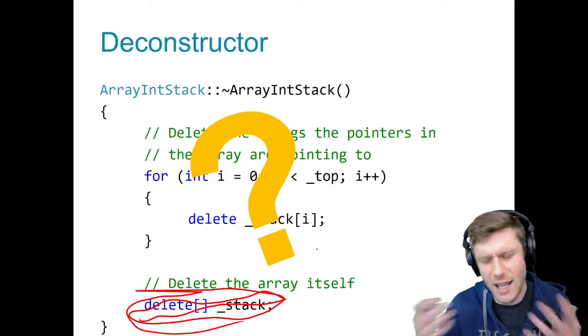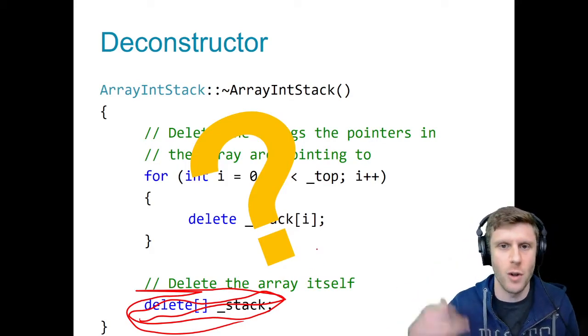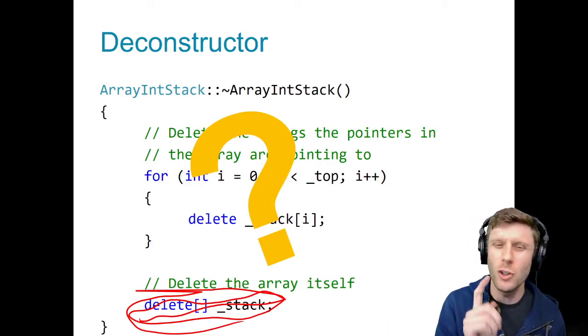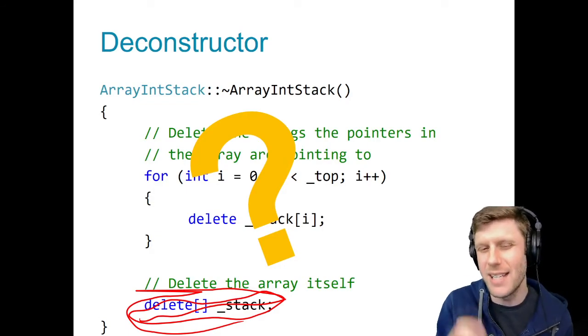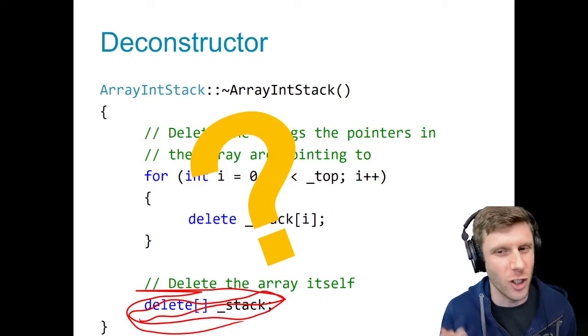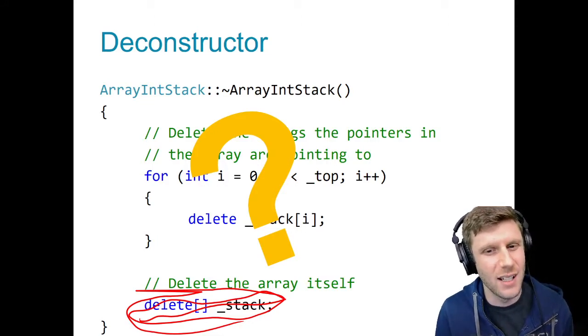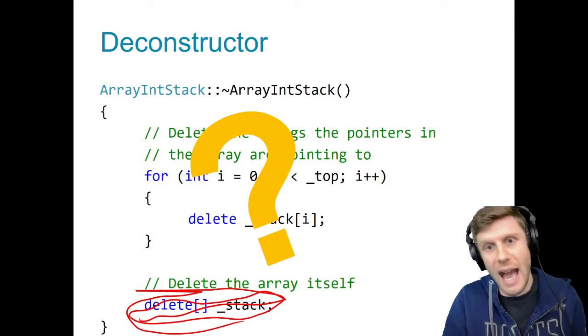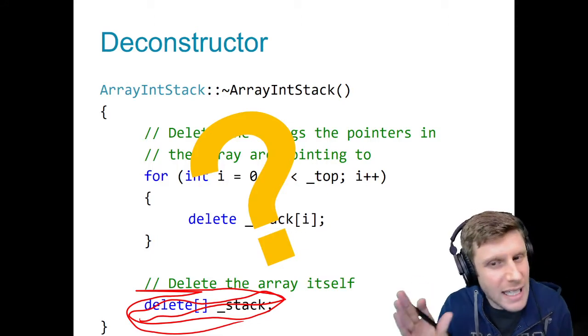So if I delete the stack, I can delete the array that's holding the information. But you'll notice that this stack never actually created the integers that the array called stack pointed to. We never created the integers in here.